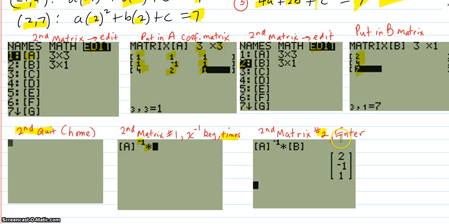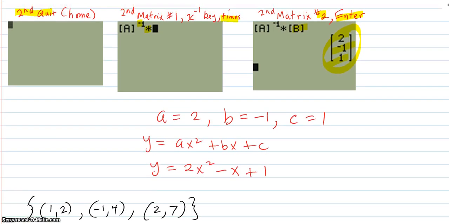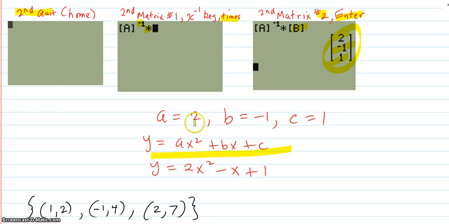Then enter gives you the answer, and that's your A, B, and C. So A is 2, B is negative 1, C is 1.